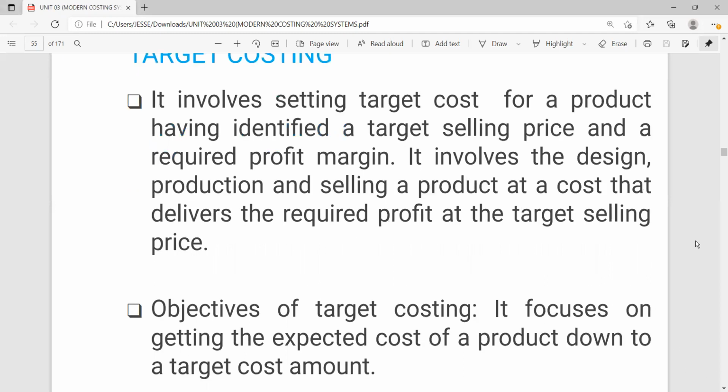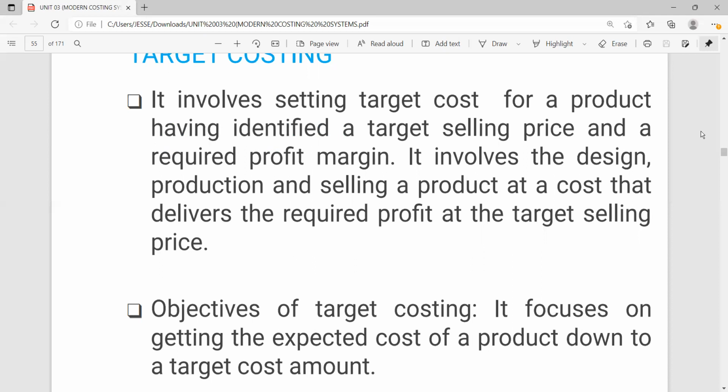So target costing simply means setting a target cost for a product, having identified a target selling price and a required profit margin, right? So with target costing, it's a reverse form of pricing where a seller of a product will determine the price of the product first, right?